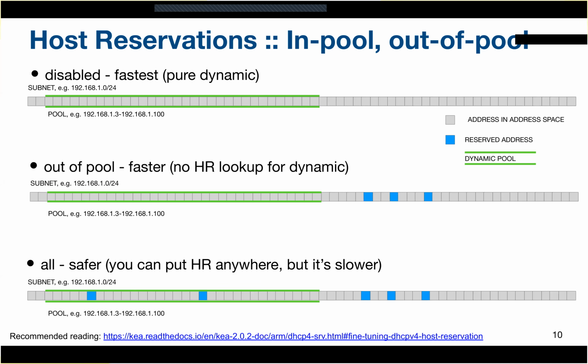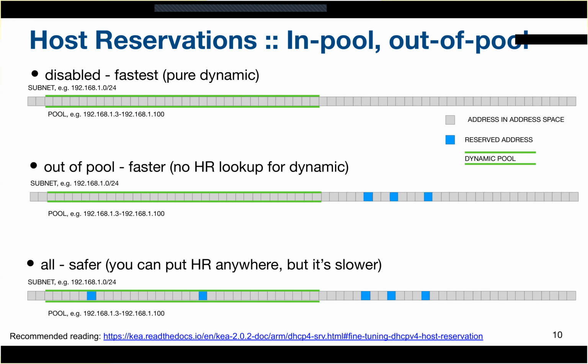If you specify to Kea that the reservations are out of pool, then Kea knows that when doing the dynamic allocation, there will not be any reservations in the dynamic pool. So it can skip all the checks. That way, it still will get a reserved address for your device, but when doing the dynamic allocation, the second lookup will be skipped.